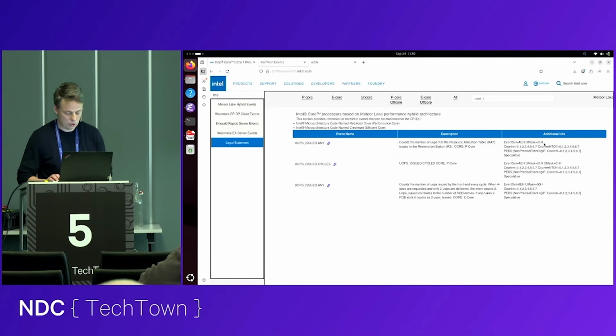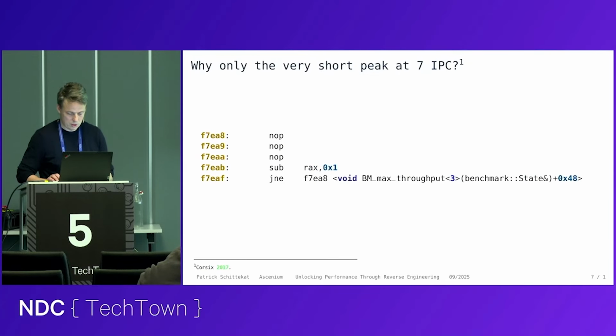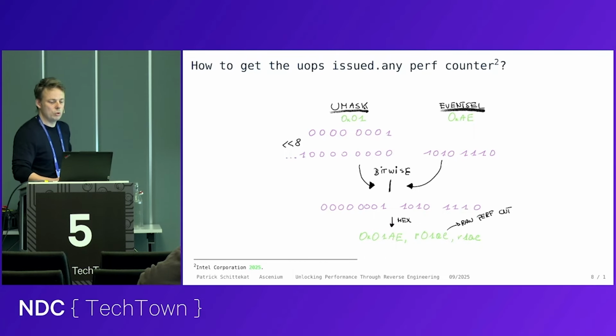And now we need to do some operation, which I will show you. So we have the event selection, and the umask acts like a filter. So what we need to do is to shift it by 8 to the left, in binary.